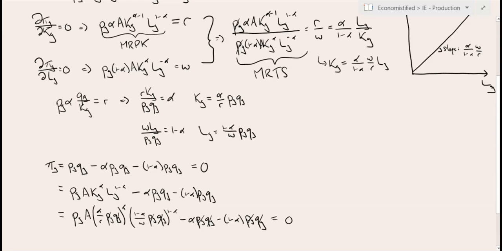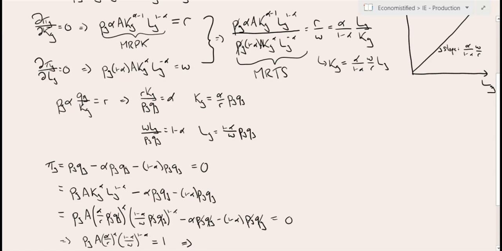And so rearranging slightly, we have P times A, the alpha over R to the power of alpha times 1 minus alpha over W to the power of 1 minus alpha, minus 1, and I can just move the 1 to the right hand side and we get equal to 1.